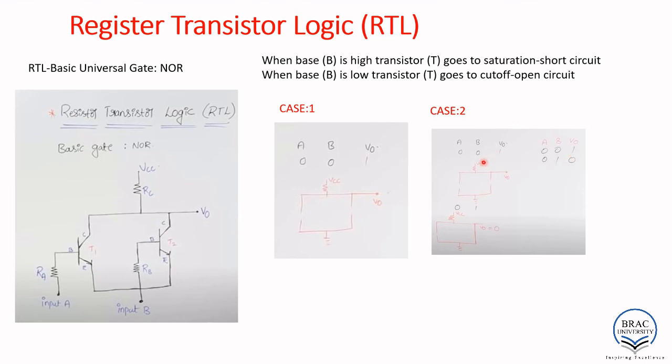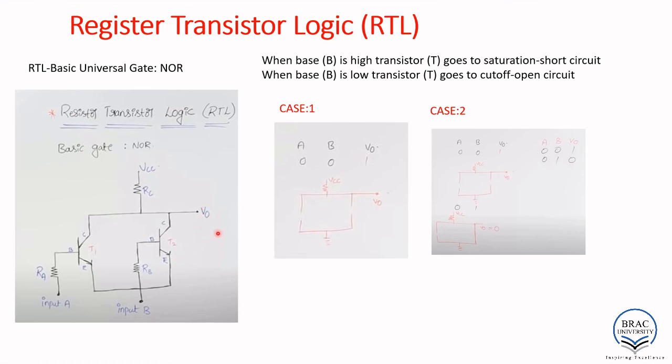For the second case, if we consider 0 1, this is 0, this is 1. The 0 input means the transistor goes to cut off, so this is an open circuit. For this 1, the base is high, the transistor goes to saturation, and this is a short circuit.